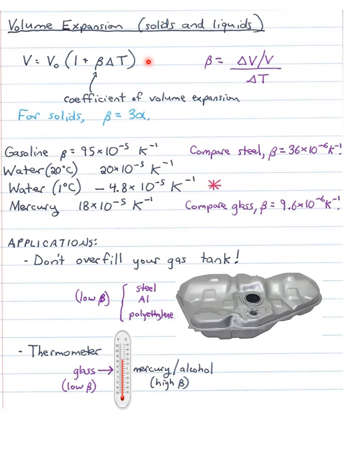A thermometer is a good, useful application. So think of a mercury or alcohol thermometer. You have a liquid, so it's got a relatively high coefficient of volume expansion, compared to the glass that it's inside, which is relatively low. So when it heats up, they both will expand, but the mercury or alcohol, whatever liquid is on the inside, expands more.